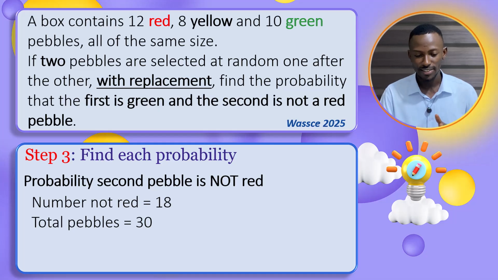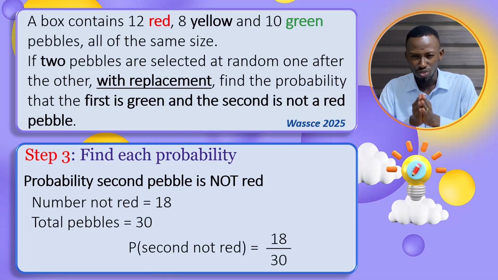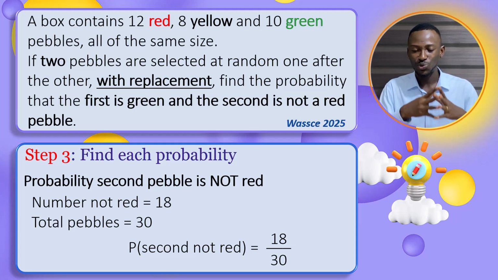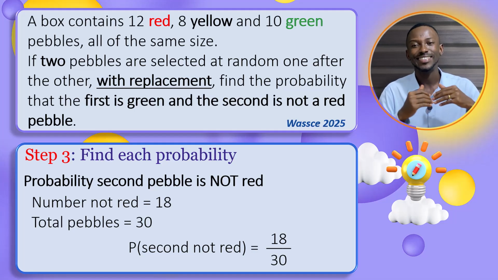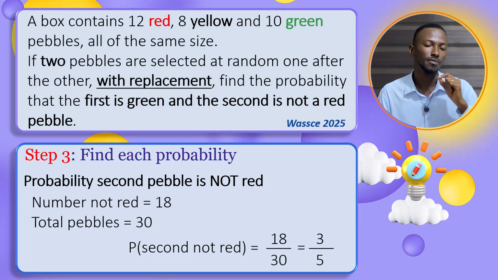So for this question, the probability that the second selection is not red will be the total number of pebbles that are not red, divided by the total number of pebbles. That gives us 18 divided by 30. And 18 divided by 30 gives us 3 on 5.